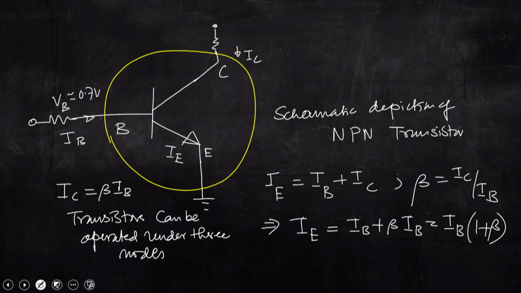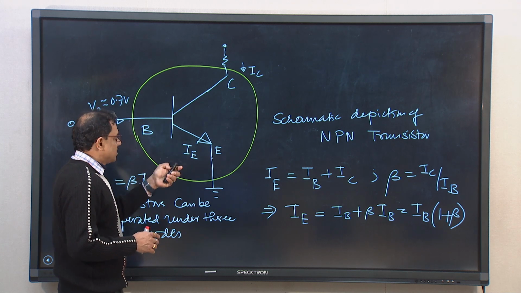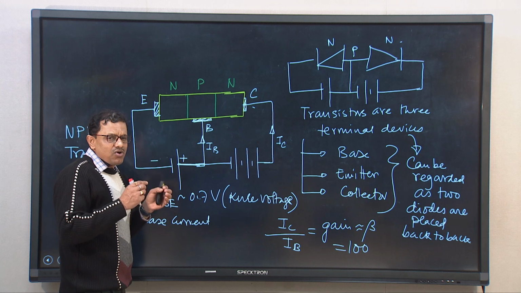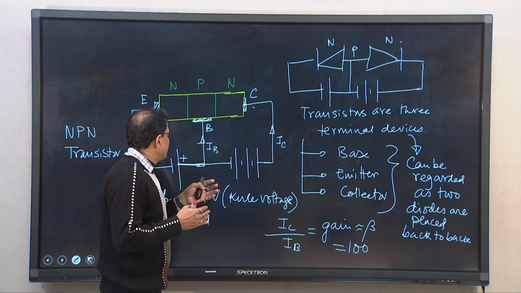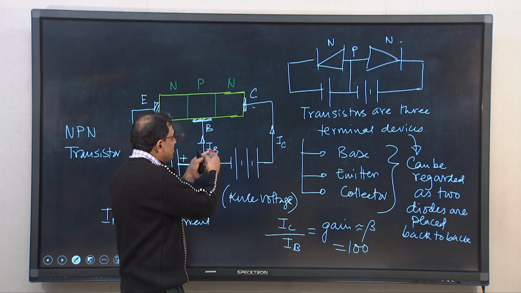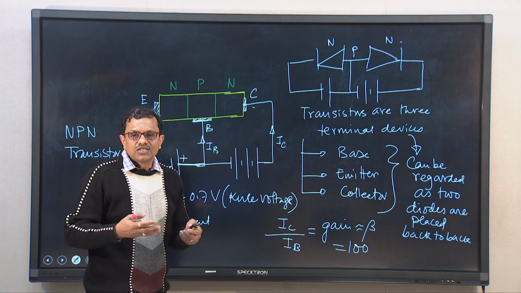Now, there will be a limit, even if we try to increase this IB base current. Beyond a certain value of IB, the increase in IC will be very, very small. That is called saturation.